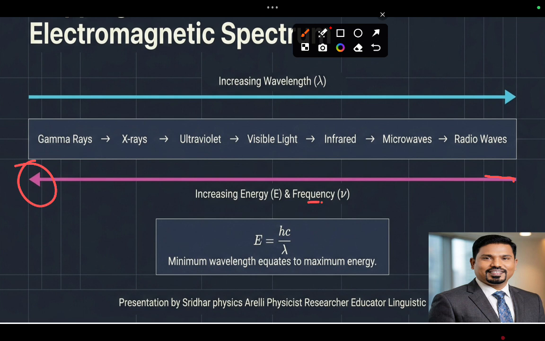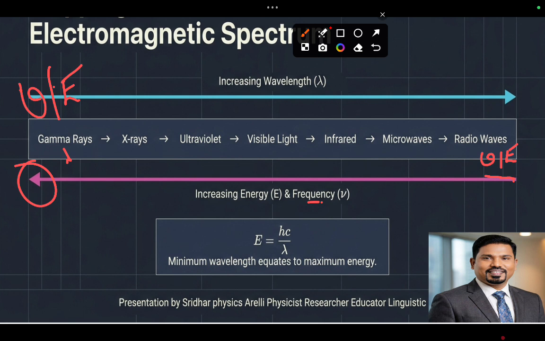Radio waves have the least frequency and least energy. Gamma rays have the highest frequency and highest energy, because their wavelength is small.